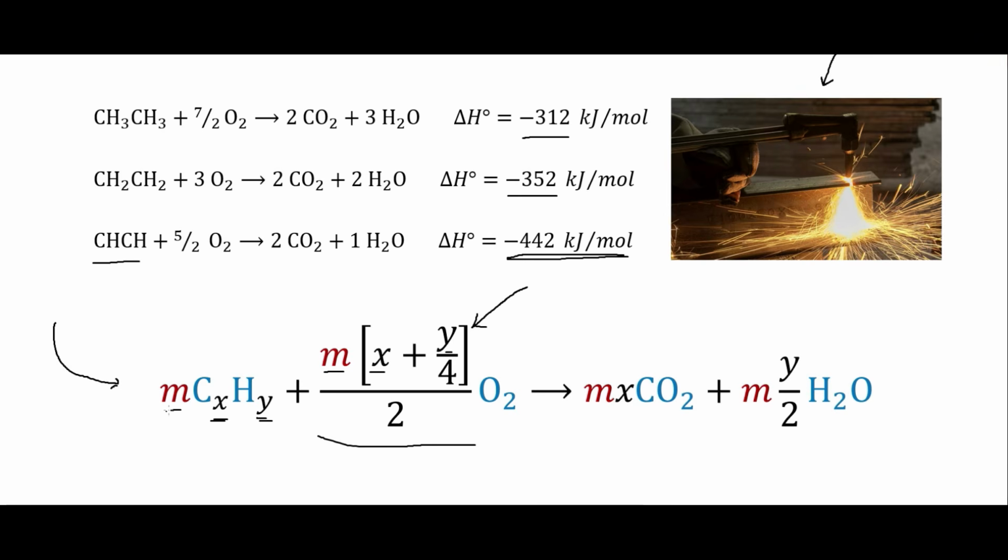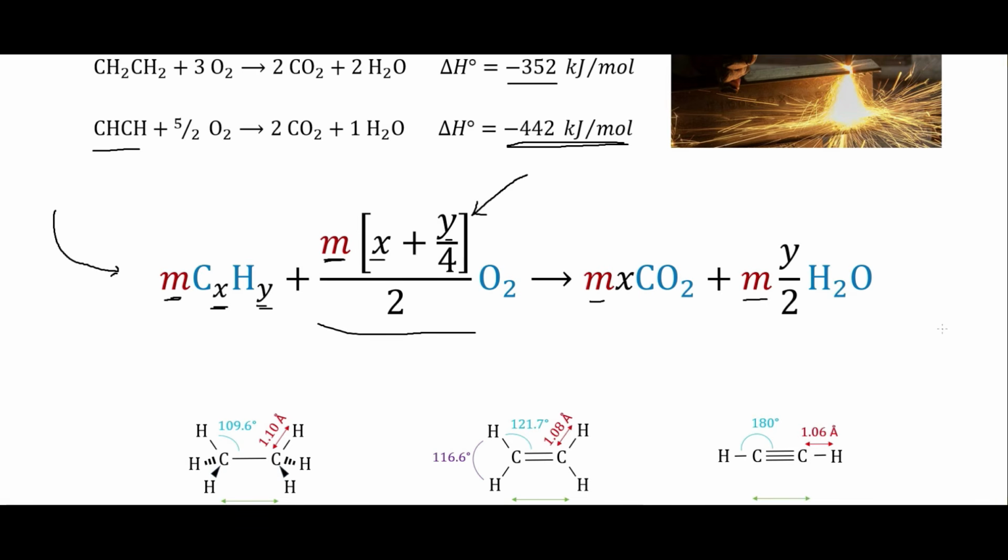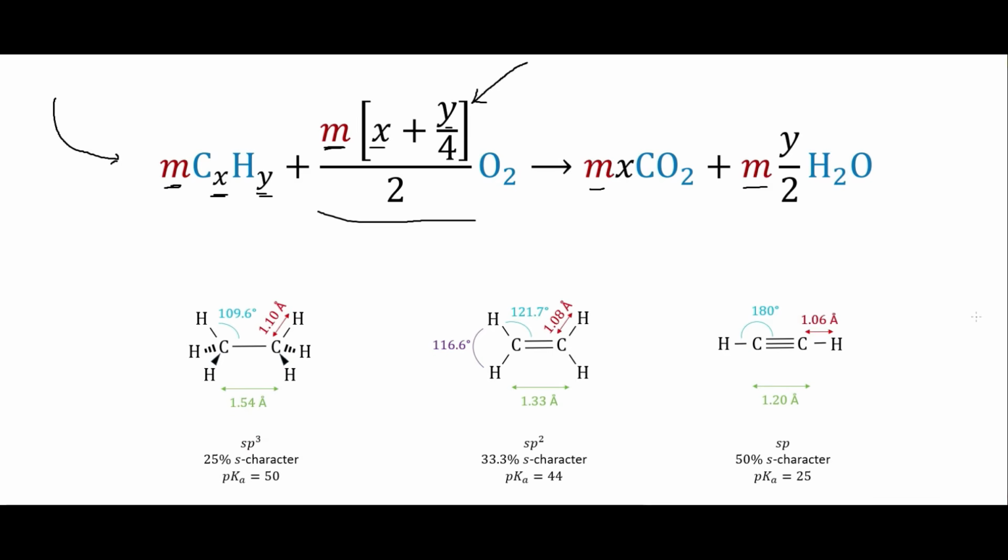Then you could increment the M up from 1 to 2, then put the 2 in front of each of these things, and if you then don't have any fractions as coefficients, then you know that you have gotten a good balanced chemical equation for this. But anyway, like I said, I didn't know where to put this in another video. So if that's something that you are interested in, then you can use that formula there.